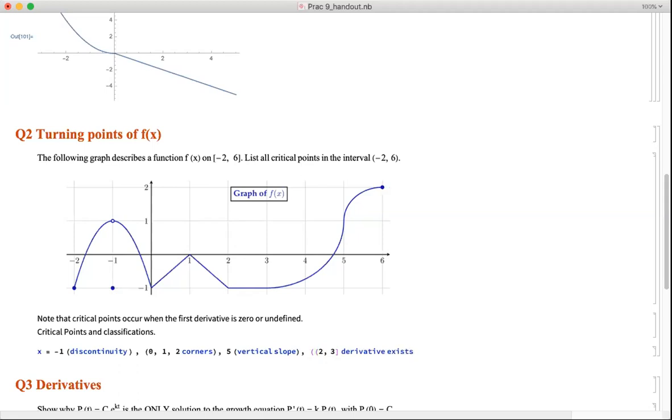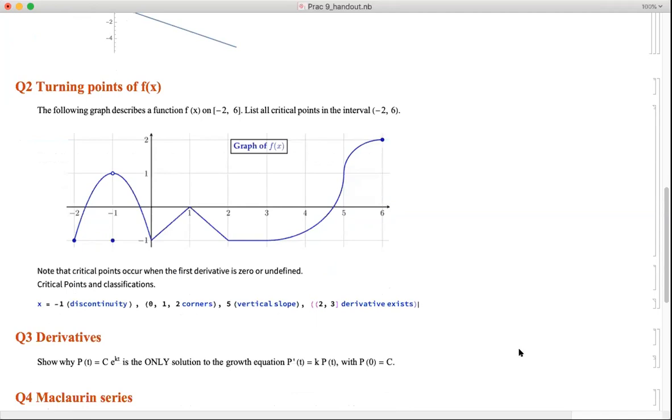Okay, any question? No questions? This is the interval 2 to 3. Okay, this whole line 2 to 3.